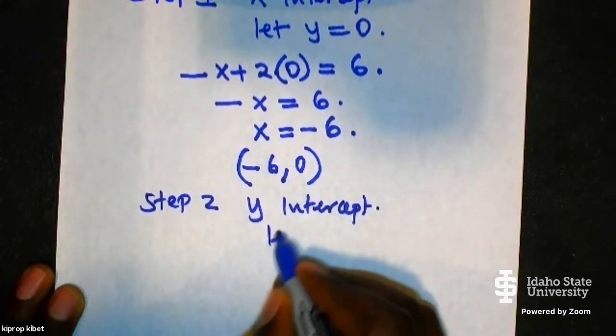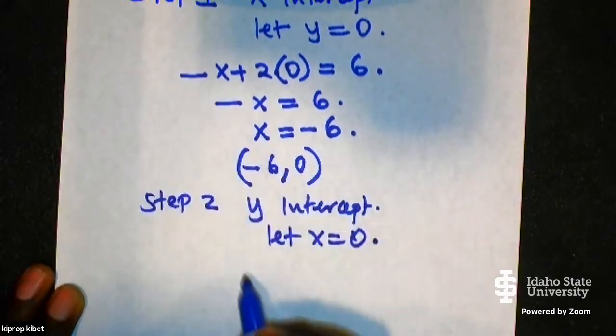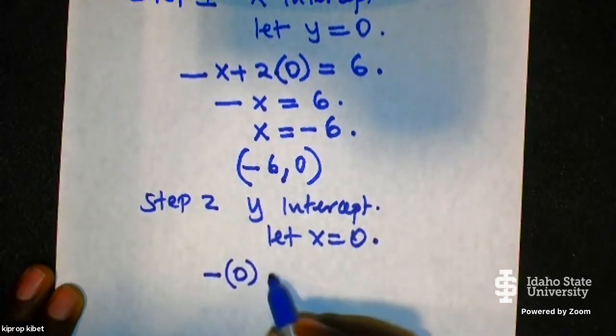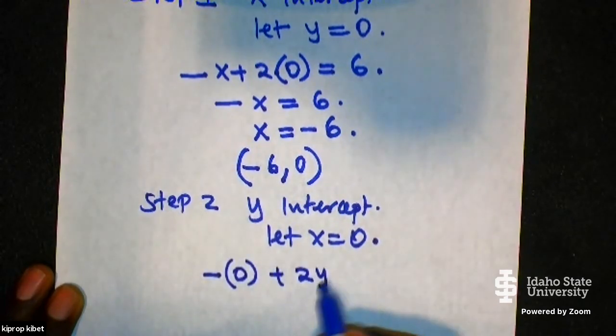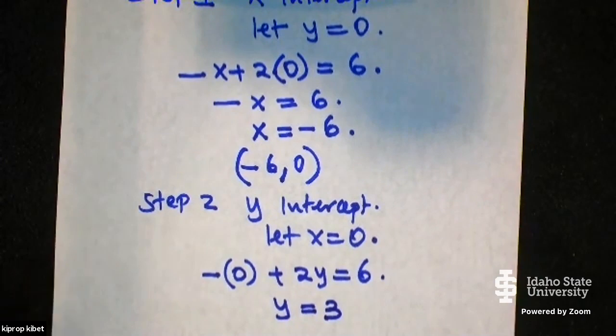So let x equal 0. Where there is x, you put 0. So minus 0 plus 2y equals 6. So y equals 3.